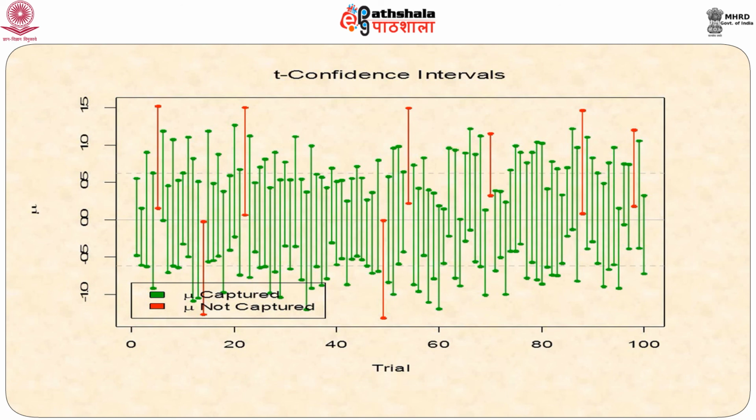The diagram is basically based on 100 simulation each of size 10, and here, as the plot suggests, that out of 100 cases we are getting 8 many cases where the confidence interval is unable to capture the mean. So, this is what we are actually getting within the plot from.